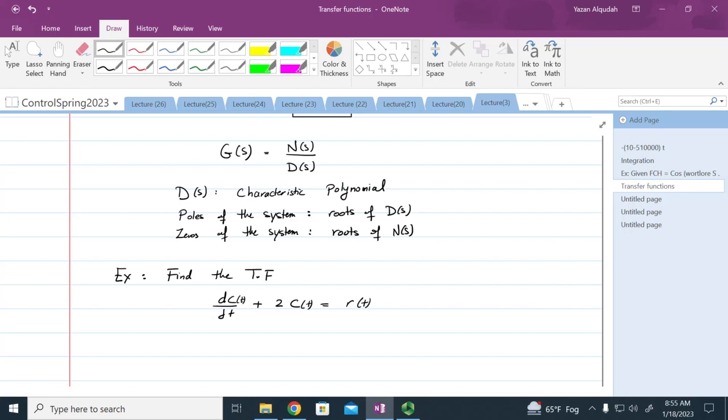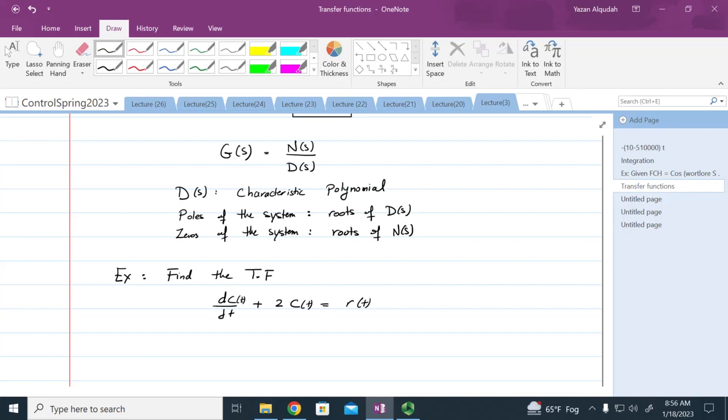It's going to come from the system that we're trying to model. Make sense? Remember, one of the things we're going to be covering this semester is modeling systems. So I'm going to come to a system. It has an input R, it has an output C. I'm going to try to relate them together. And then I come up with this differential equation that describes how they are interacting.